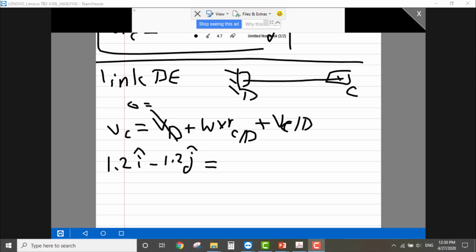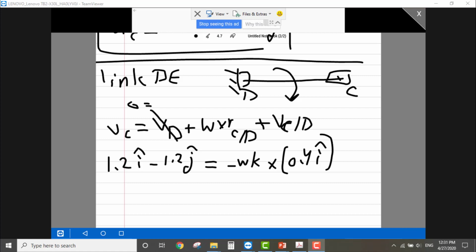We'll assume it rotates clockwise, so minus omega K direction cross product. Now we'll move from D to C, completely horizontally, so this is 0.4 in the positive I direction.